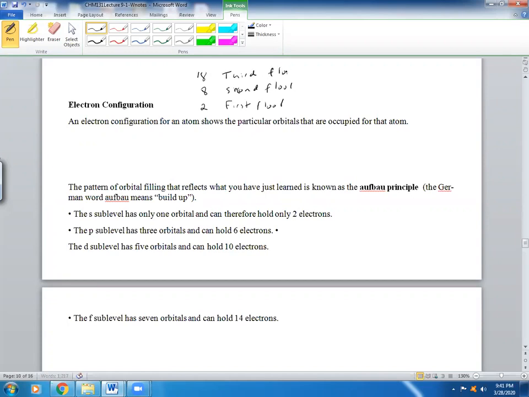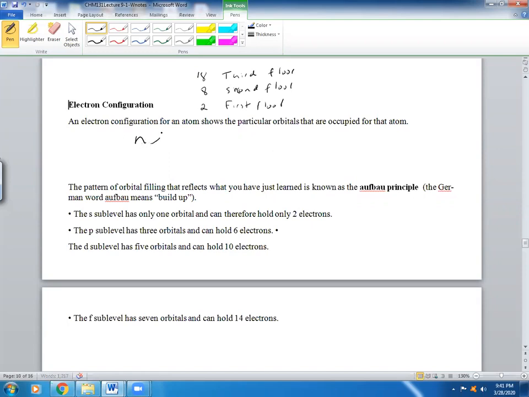Imagine we want to do the same thing for the atom. So we would like to know which atom, and in this atom, which orbitals are occupied and how many electrons are there? It always goes like this. You're going to have N, that's the period number or the principal quantum number, the energy level.